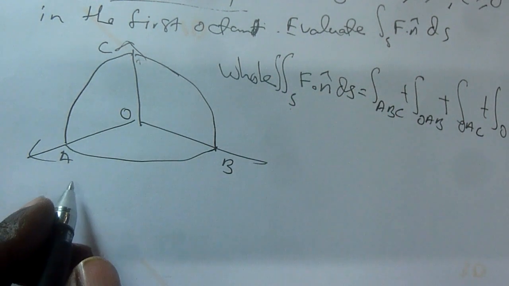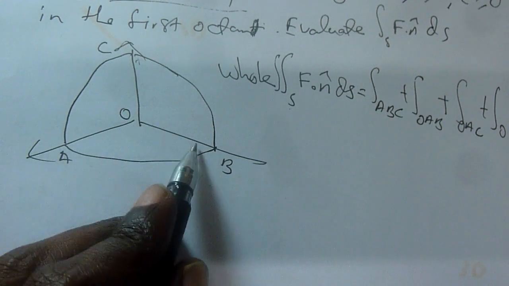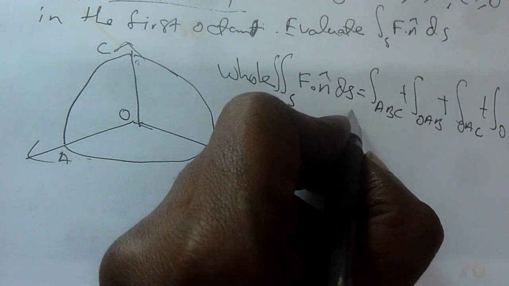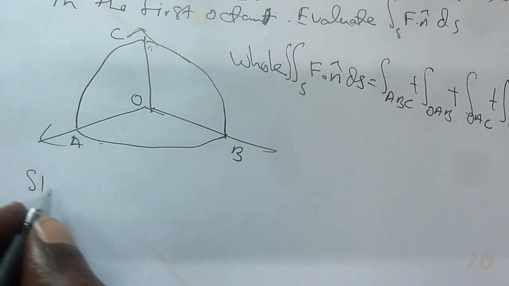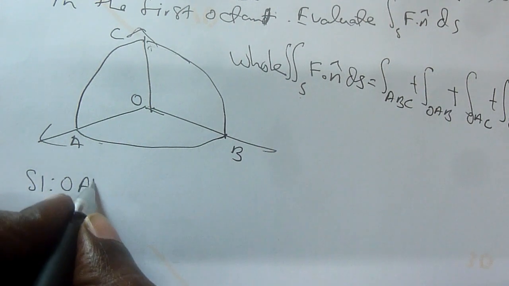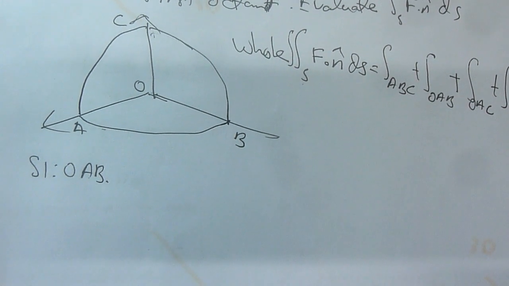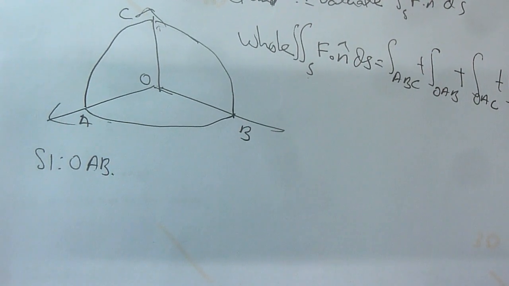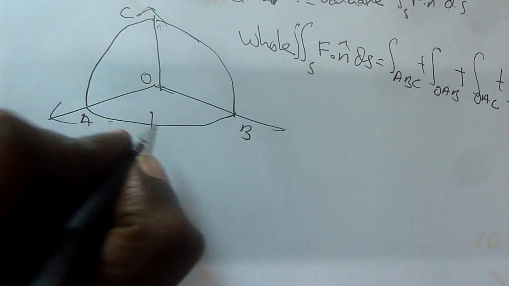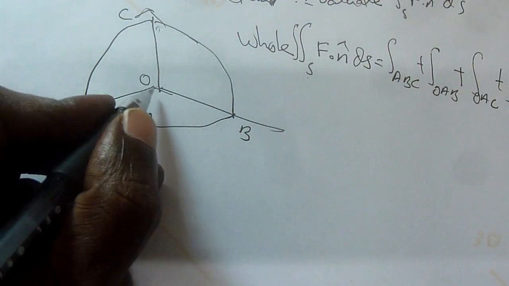First of all, I choose OAB, this surface here. Therefore I call it surface 1, O A B. In the OAB, the surface is downwards, right? Can you see this? Outside.